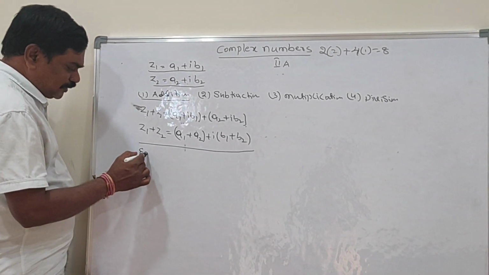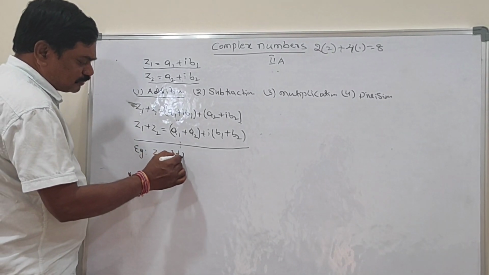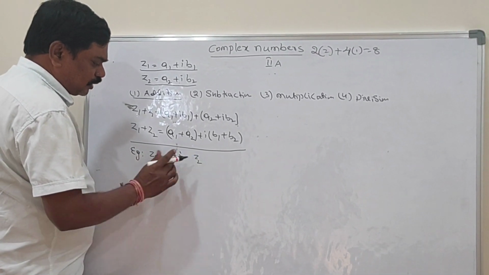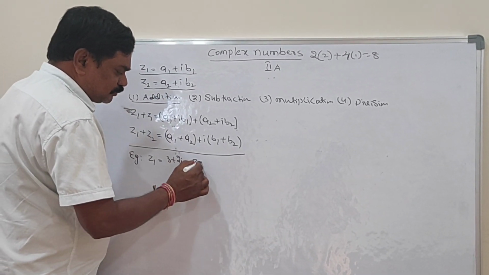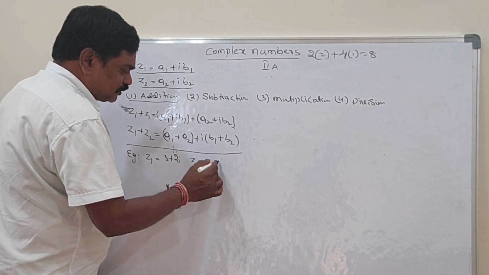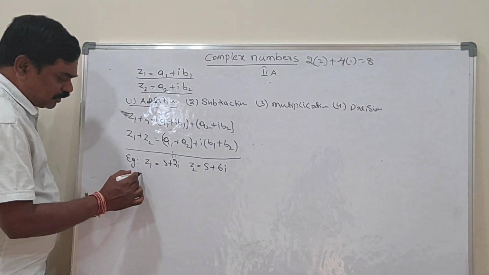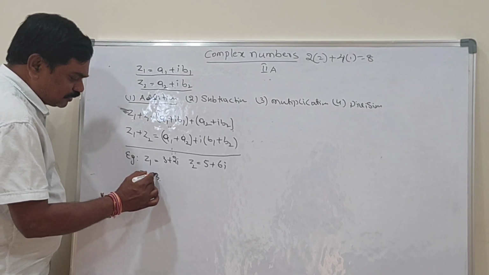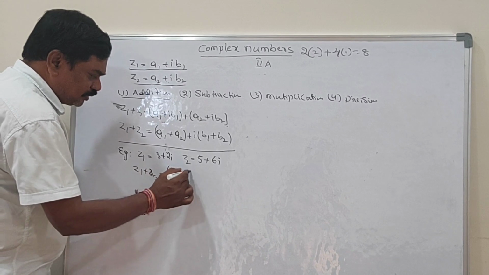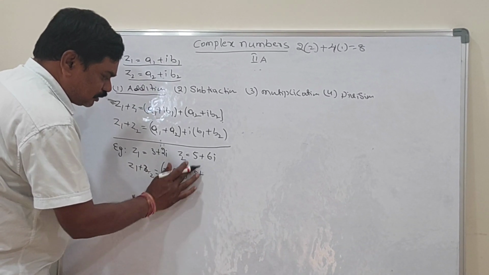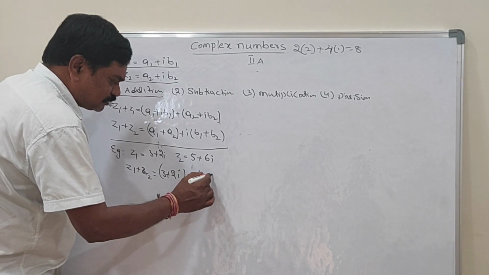Example: we take z1 is equal to 3 plus 2i, z2 is equal to 5 plus 6i. What is z1 plus z2? z1 plus z2 is 3 plus 2i plus 5 plus 6i.